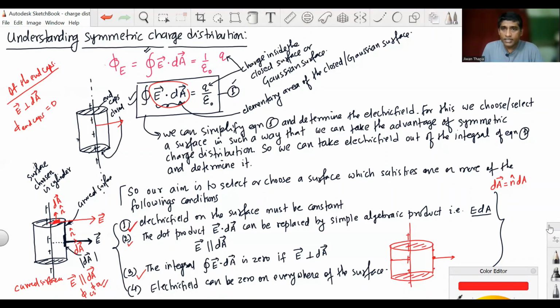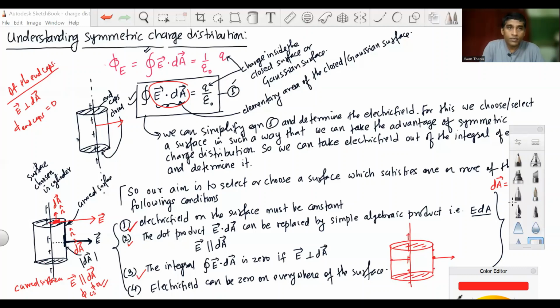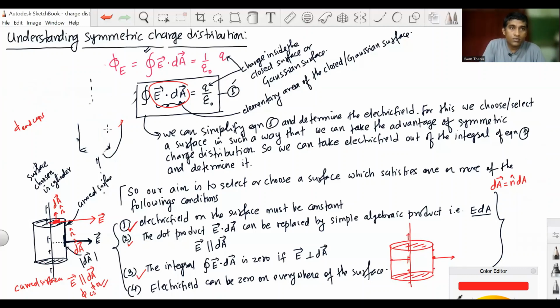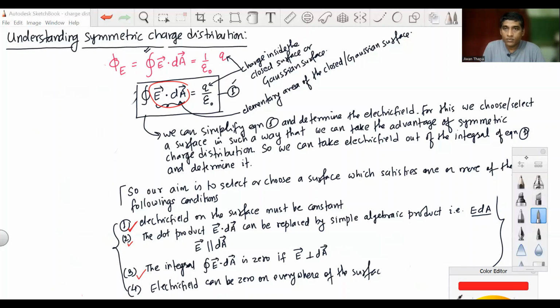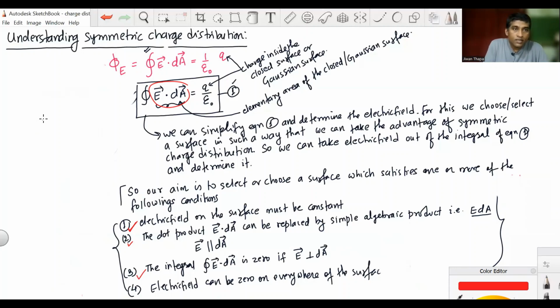Now, let us discuss symmetry condition with reference to a sphere. Let's say we have a positive charge distributed uniformly on the surface of the sphere.